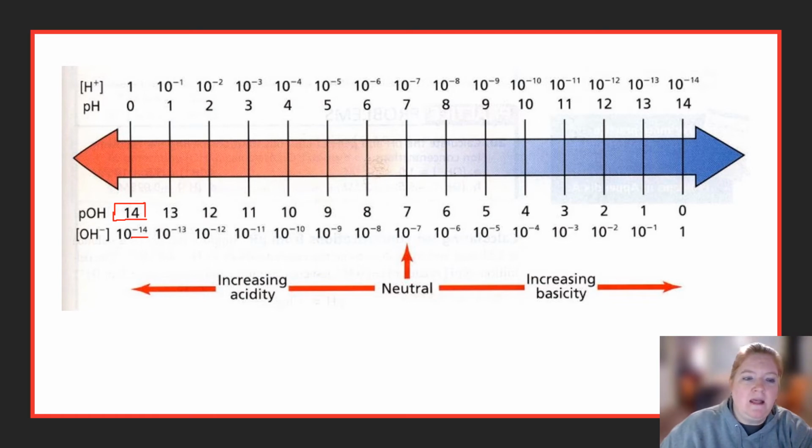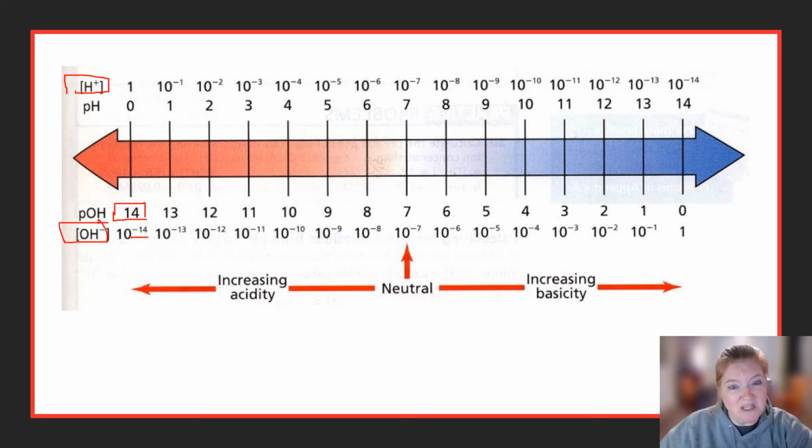That means that if the pH is 14, the pOH is going to be 0 because they have to add up to 14. If the pH is 13, the pOH is 1. So this means in reality that no matter if it's an acid or a base, there's H's present and there's OH's present.